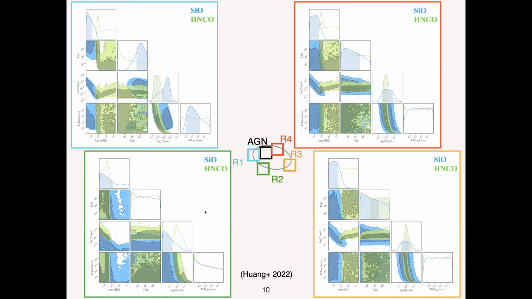If we go below 10 to the 4, we might need shock, as shock is the only scenario that could enhance the HNCO abundance. The R2 region in particular goes really below 10 to the 4. So at this point, for HNCO abundance enhancement, we cannot exclude either scenario. But for SiO, it's more clear that it's pointing to a strongly shocked region.